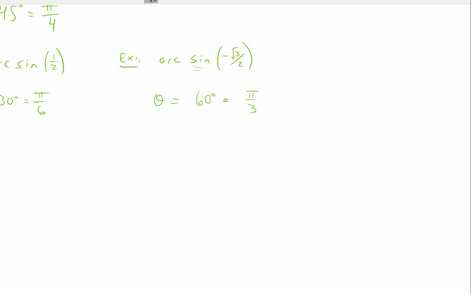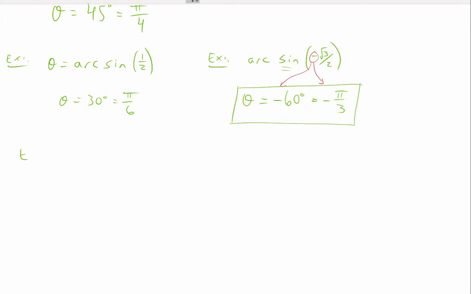But because it's negative, for sine and tangent, all we have to do is make the angle negative. And that gives us an angle in the 4th quadrant and satisfies the arc sine function. Again, for arc sine and arc tangent of a negative ratio, we just negate the angle.